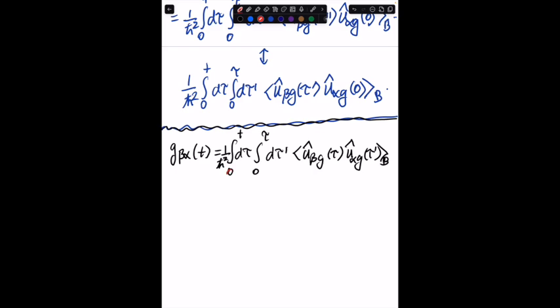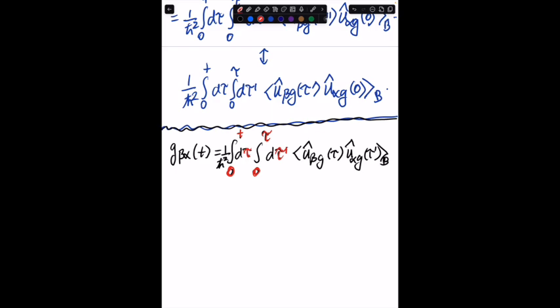So you need to observe the structure. The inner integral goes from 0 to tau, and the outer integral goes from 0 to t. So this tau prime can lie anywhere from 0 to tau and is an integration variable, and tau can lie anywhere from 0 to t. So this sort of structure is needed for all my line shape functions when I do my cumulant expansion technique.